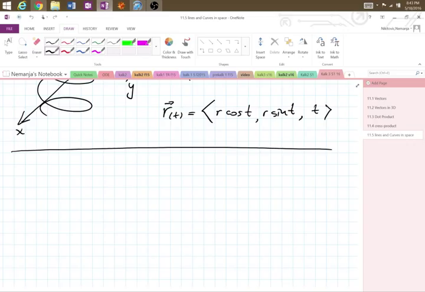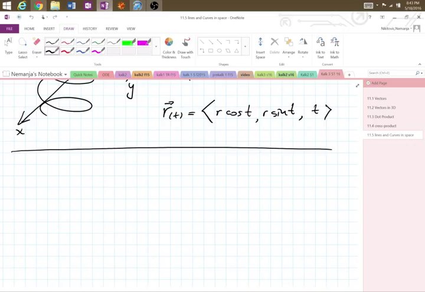You can't plug it in if the value is missing. But limit does work because limit doesn't compute at the point. Limit computes at all points around that point, but not at the point. So calculus can compute in that case.